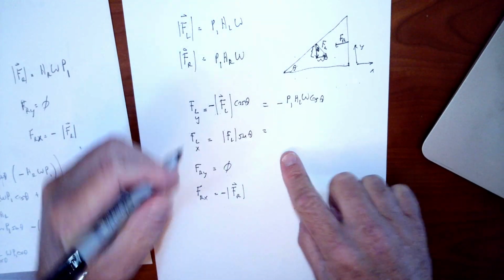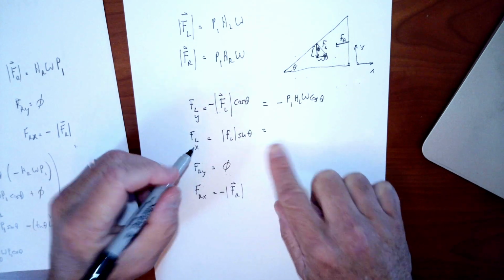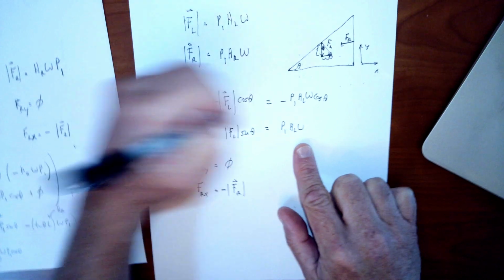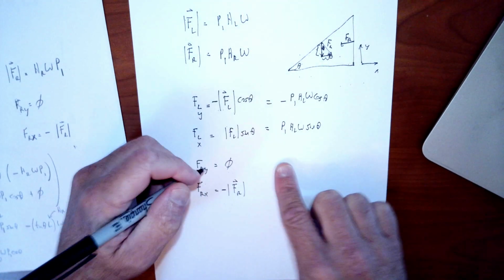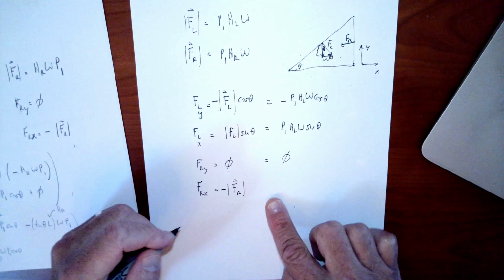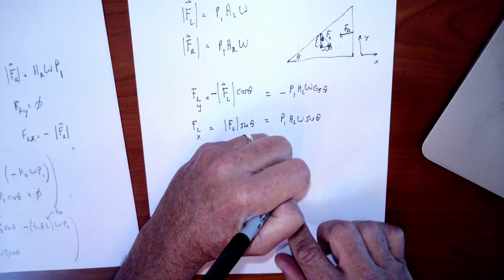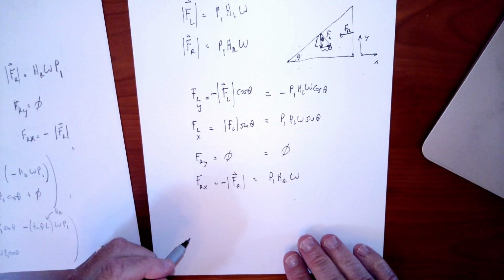FLX is also with FL, so P1 HL W sine of theta. And then this is, of course, 0. And this is FR, which is P1 HR W. All right, so those are our forces.